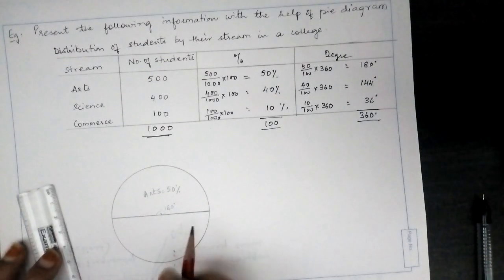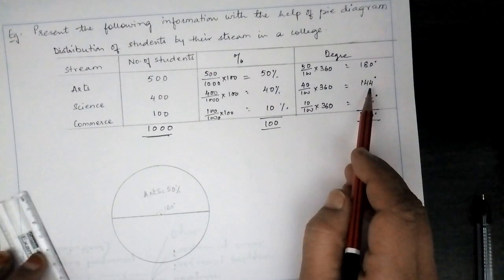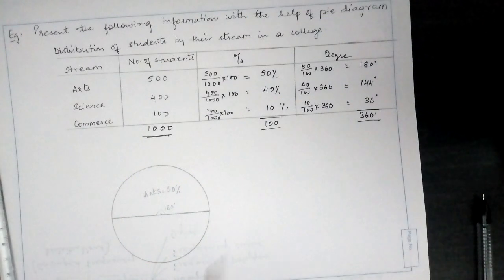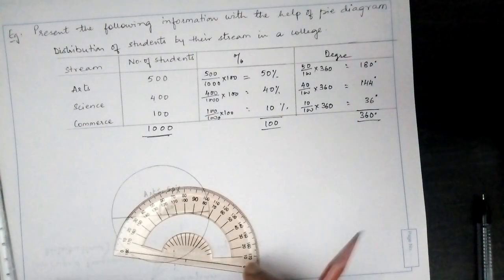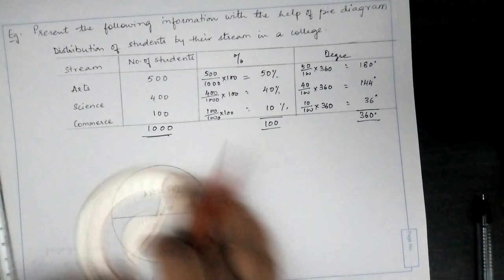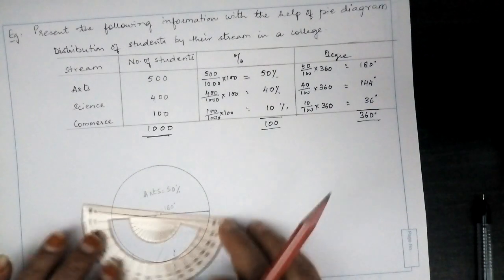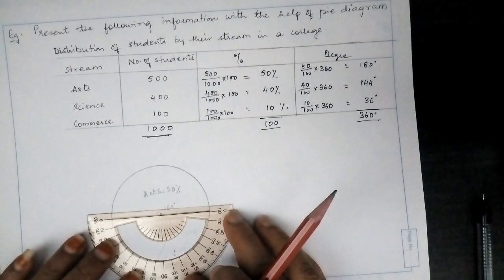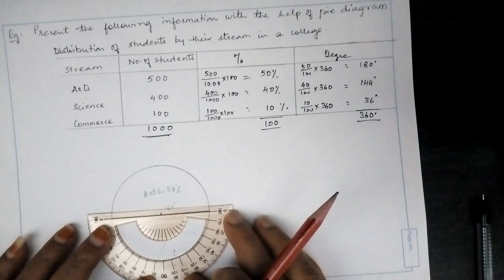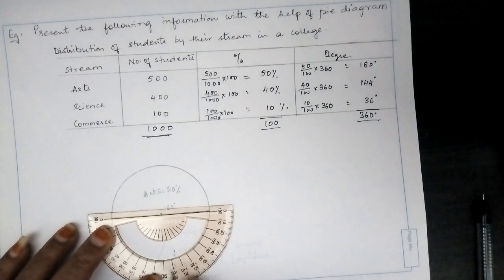Then we have science. The angle is 144. To measure the angle, we will need a protractor, and so we will keep it like this because we are going to plot 144 this way. So 144 is an obtuse angle, so it comes somewhere here. 110, 20, 30, 40, 144 is somewhere here.